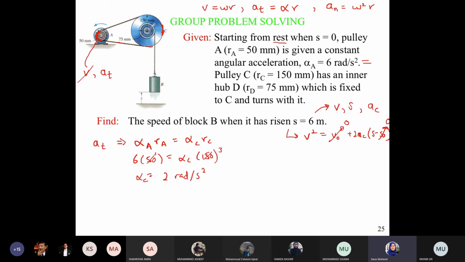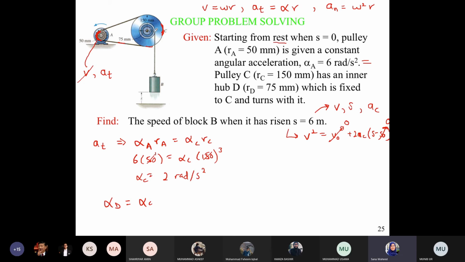Now, C and D are part of the same rigid body, so the angular acceleration of D is going to be the same as the angular acceleration of C. Next, as we considered the rotating pulley, the same thing is going to happen for this cable.